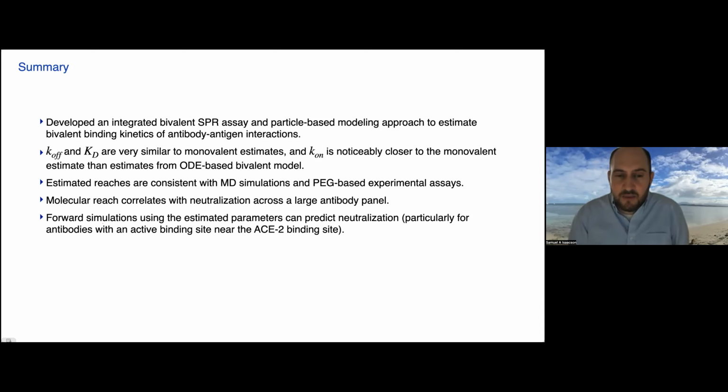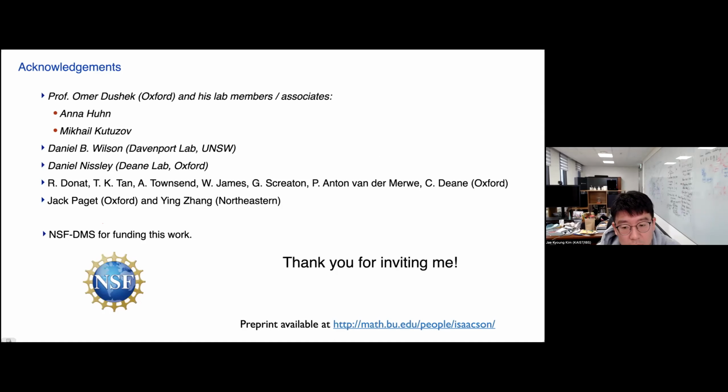So it suggests that the model may actually, at least in some contexts, give us a way, by running a panel of antibodies and calculating their kinetic rates and their reach, to make predictions on which of them may be best at neutralizing SARS-CoV-2 in this case. But we're looking at it now for other types of viruses in other contexts. So I think I'll stop there.